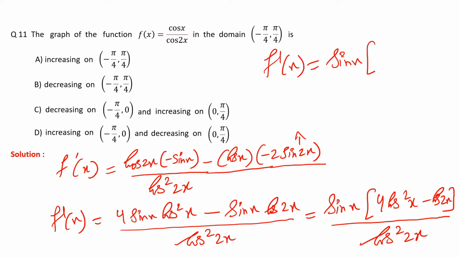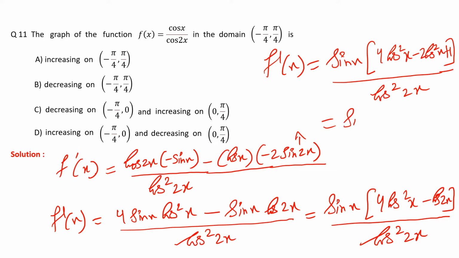into, now students, we know that cos 2x is nothing but 2 cos square x minus 1, right? So when we put cos 2x as 2 cos square x minus 1, the expression becomes 4 cos square x, sin x is already outside, 4 cos square x minus 2 cos square x plus 1 in the numerator, and in the denominator we are already having cos square 2x.